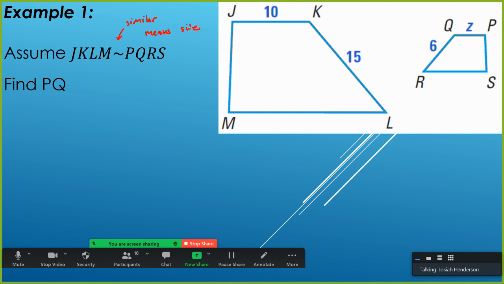We need that to be true to find the scale factor and any unknown sides. So the two figures on the right are similar to each other, and that means one is a dilation of the other.